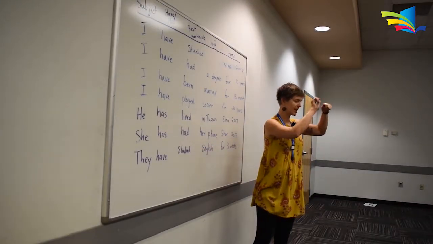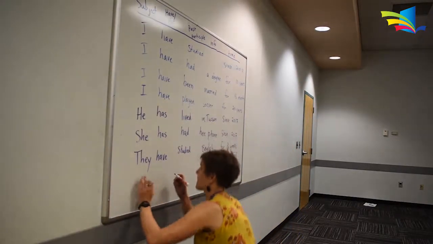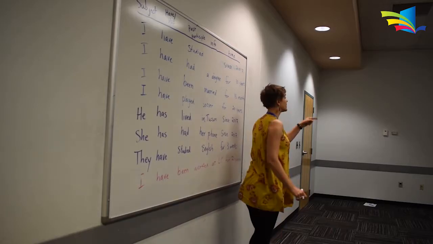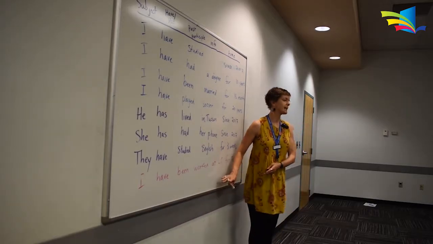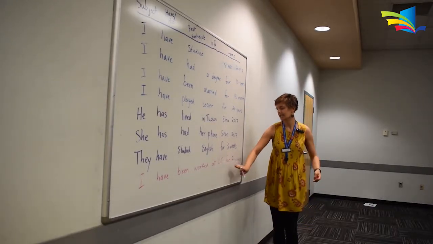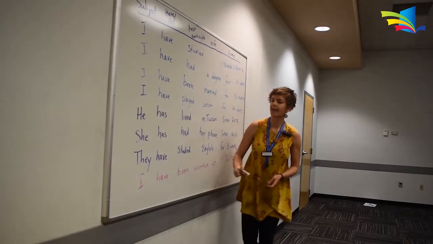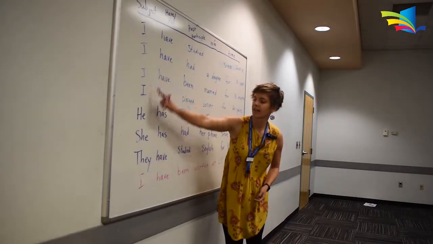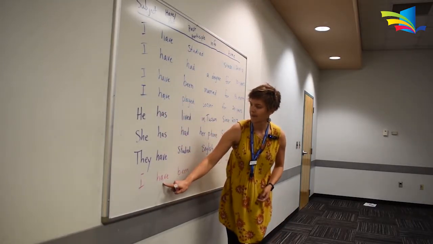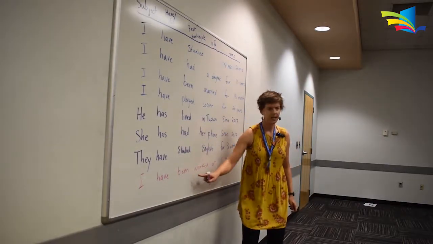So for example, let's look at a wrong example. When I looked at your yellow paper, I saw many examples like this. I have been worked at Literacy Connects for 2 years. We have the subject. We have. What happened here?